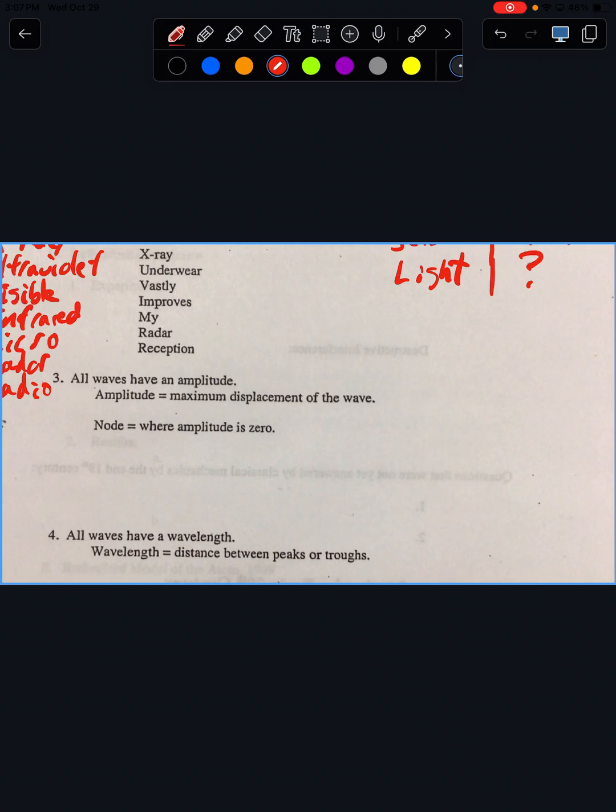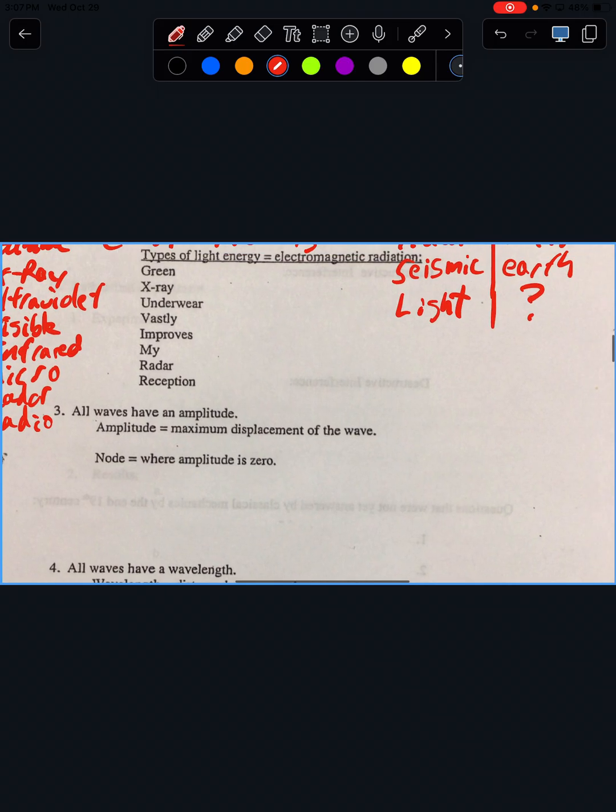All waves have an amplitude, and the amplitude is the height of the wave. Waves have to come in whole numbers.